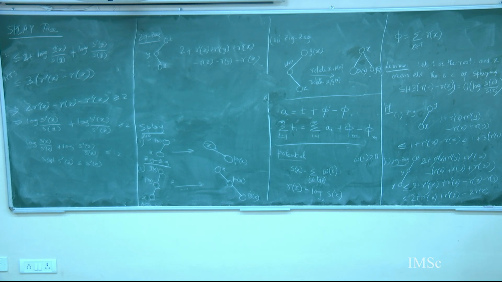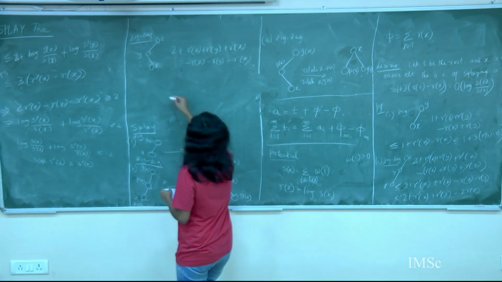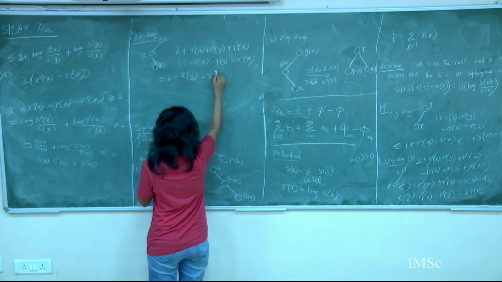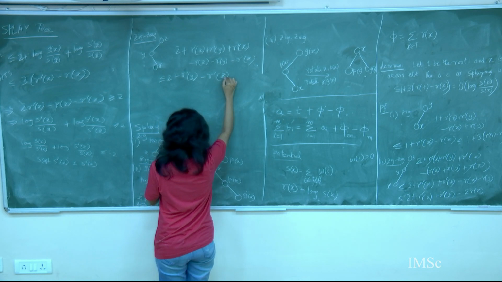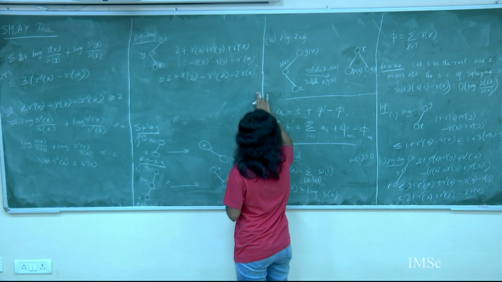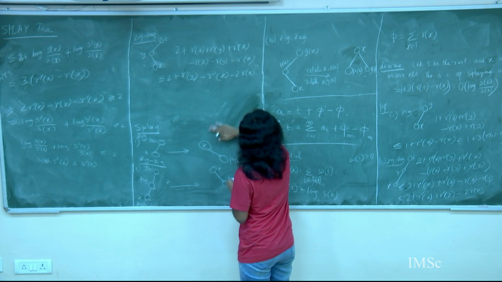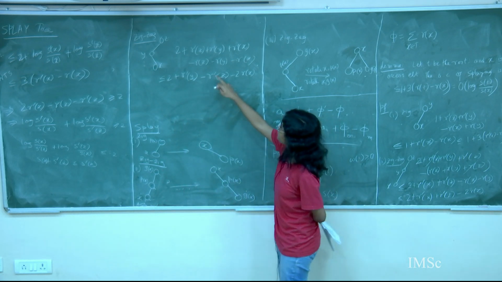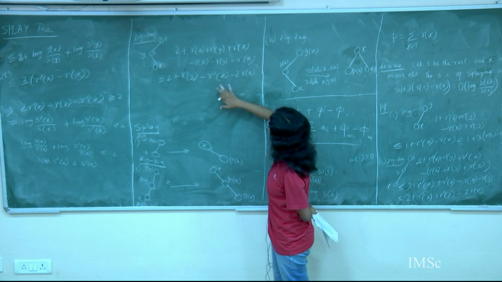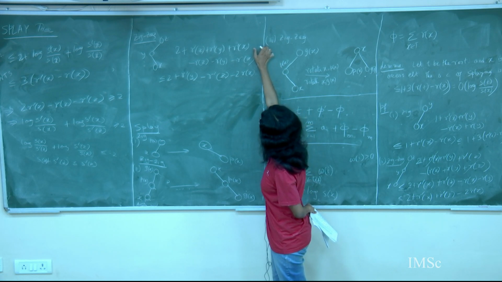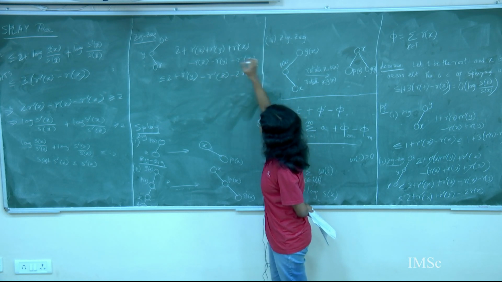Can you see? Okay, just let me do this then. Yes, we can write this from here, right? R prime of x and r of z are cancelled out.